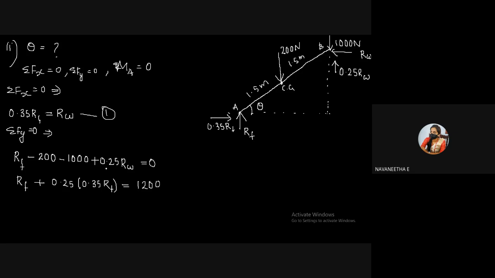Then multiply 0.25 into 0.35 RF. Then you can take RF outside, that is RF into 1 plus 0.25 into 0.35, equal to 1200. Find this value and divide 1200 by it, and you will get the value for RF. What is the value for RF?